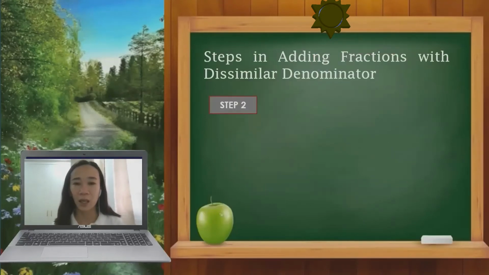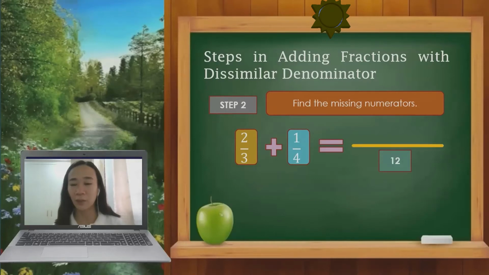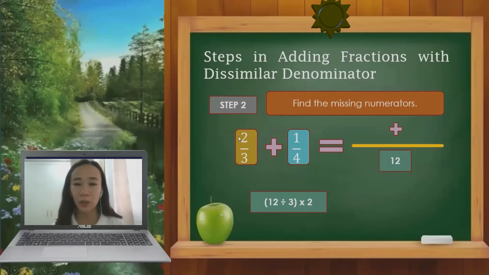Next, we need to find the missing numerators. How can we find the missing numerators? We already have the denominator. To find the missing numerators, all we have to do is to divide the denominator 12 by the first denominator, which is 3, and then multiply by the numerator, that is 12 divided by 3 times 2.